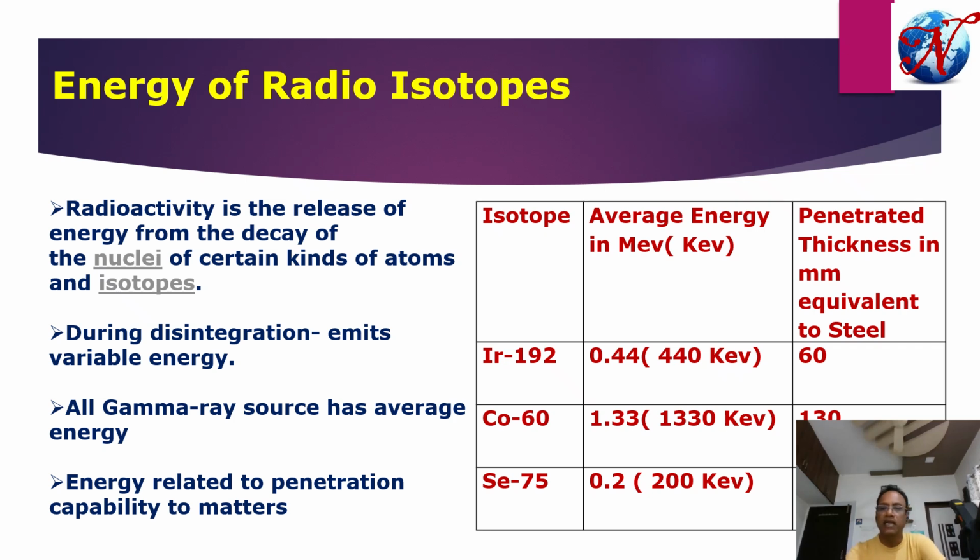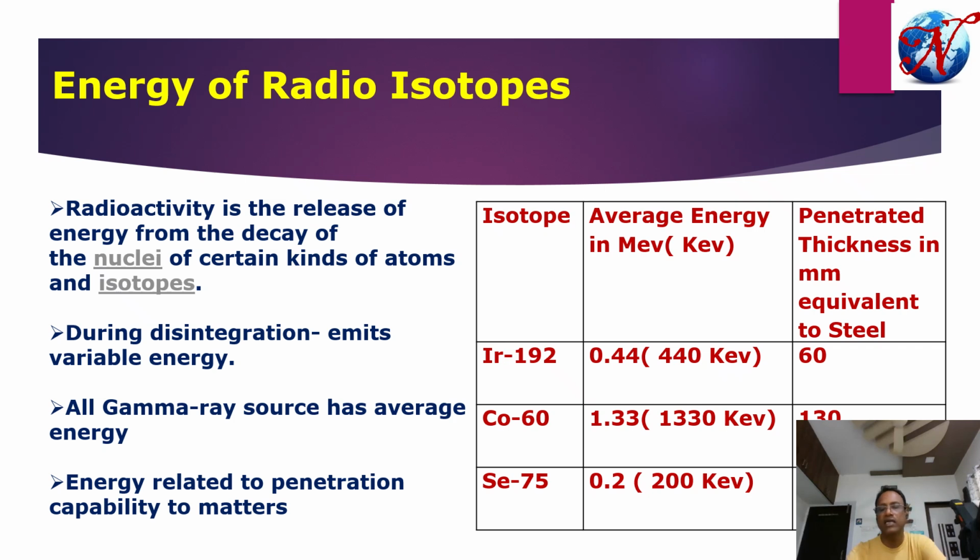The energy of individual radioisotopes is also different. During the disintegration process, we get average energies from a particular radioisotope. In the case of iridium 192, the average energy of the gamma radiation is 440 kiloelectron volt, which can penetrate up to 60 millimeters thickness of steel.